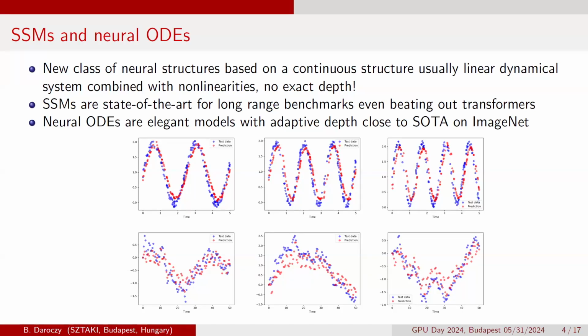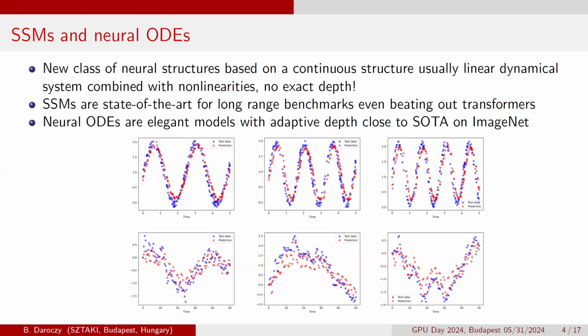Neural ODEs are a bit different. They are very elegant models where the depth of the model is technically continuous. Of course, in practice, we will do some discretization, but they can perform really well, and there are some recent results where they are performing very close to the state-of-the-art results on ImageNet.